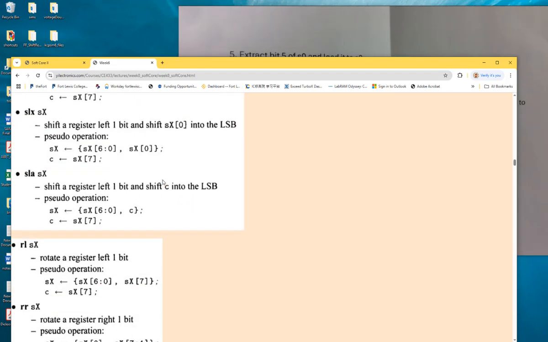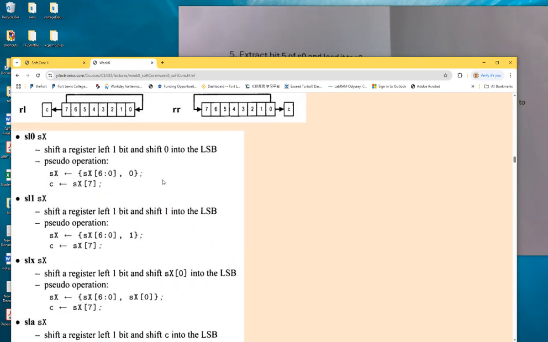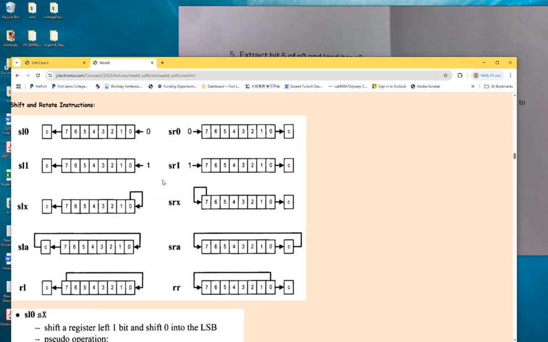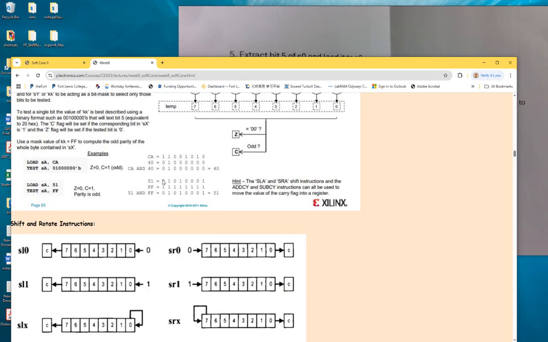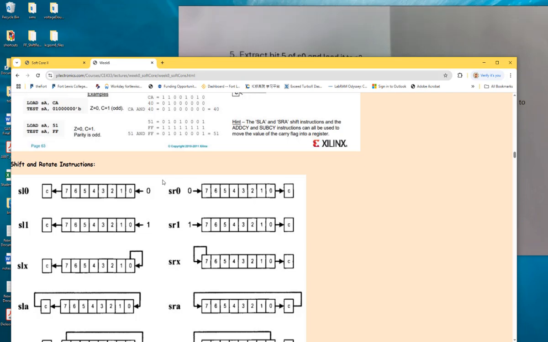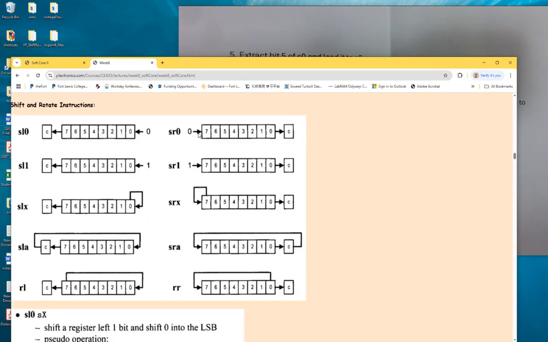Oh, I don't have an example. Anyway, at least we can tell it's not doing anything else, right? It's just shifting everything to the right, the LSB to C, and 0 to the MSB. The LSB is still in C. Okay?